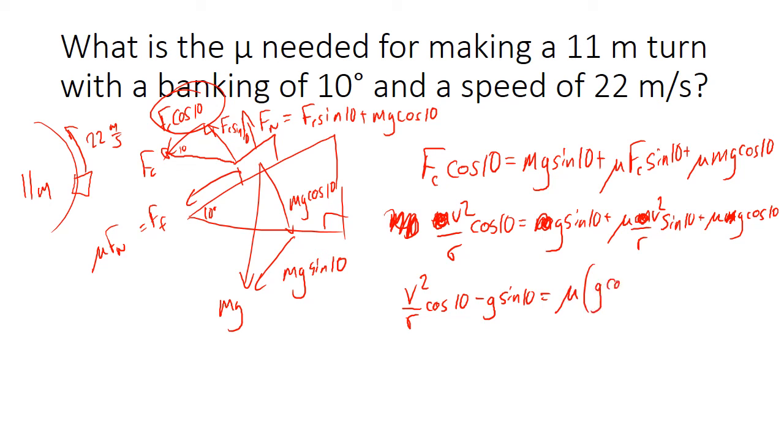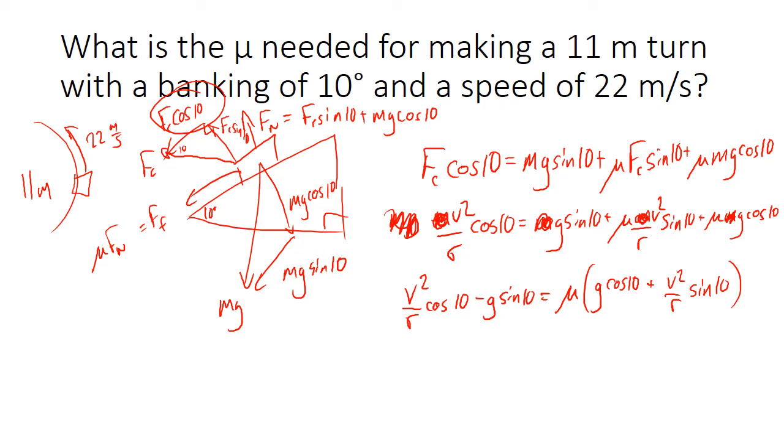Hopefully that won't scare you too much. The ones on this side stay the same, plus v squared over r sine 10. I undistributed the mu, that's what I did. I switched the order because I wasn't paying attention.